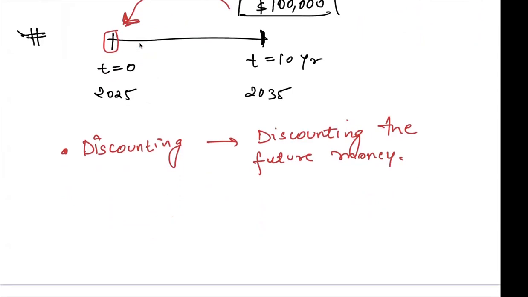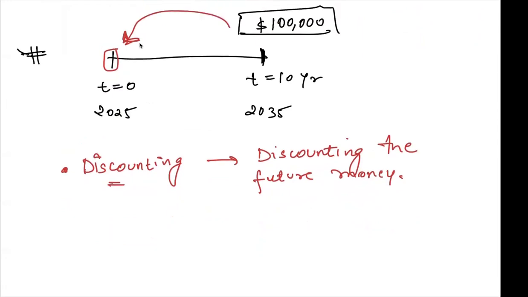Did you all understand what discounting is? Basically, if you are receiving money in the future and you want to arrive at its value as of today, it's called discounting.